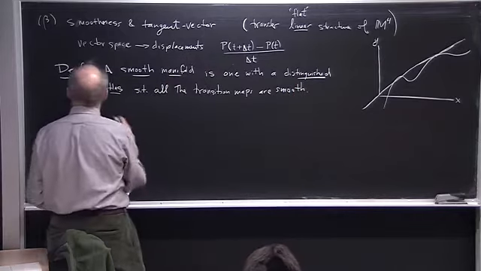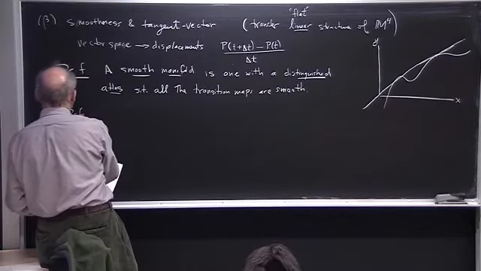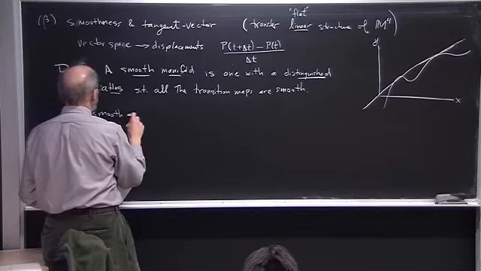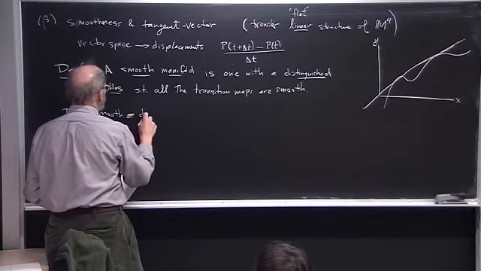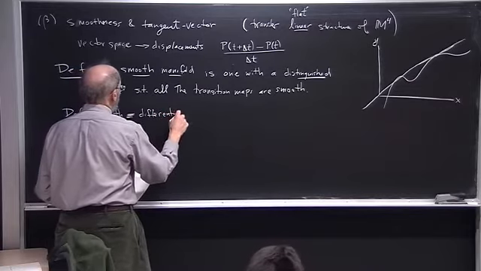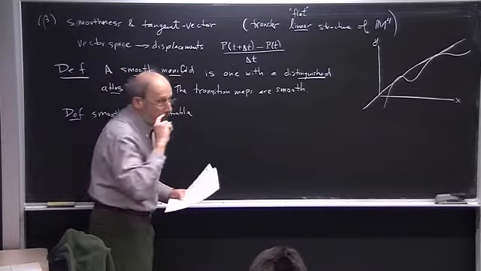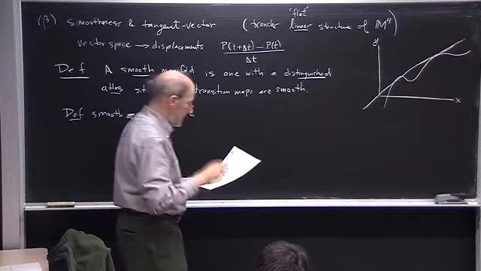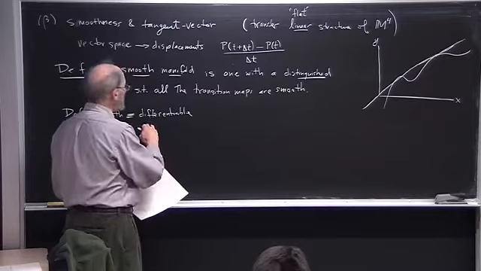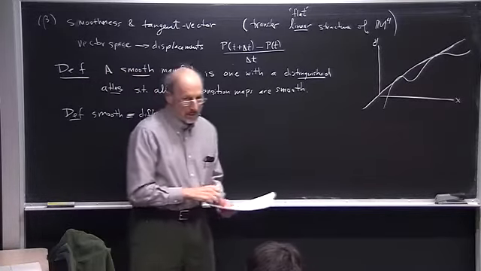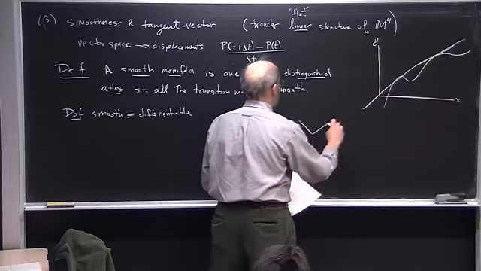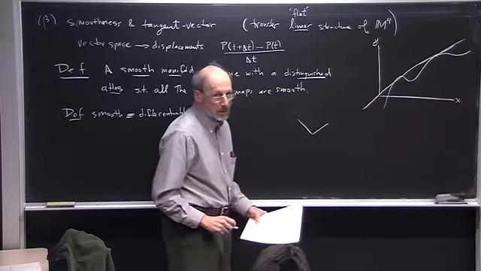Okay. And smooth, which I was just talking about in words, is just a synonym for differentiable. If you want to get into the minutiae of the definition, there are different degrees of differentiability. There can be functions like this, which are differentiable once, but not differentiable twice, and so on.